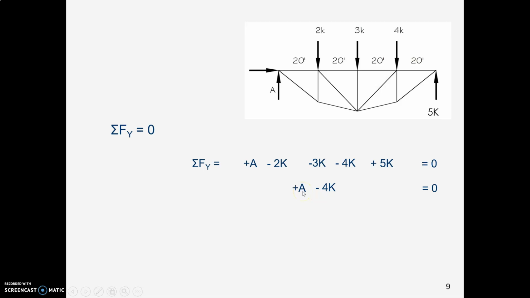We come up with plus A minus 4,000 equals 0. Let's add 4,000 to each side. The 4,000s cancel out, and we're left with A equals 4,000. And that is the answer. Yay!